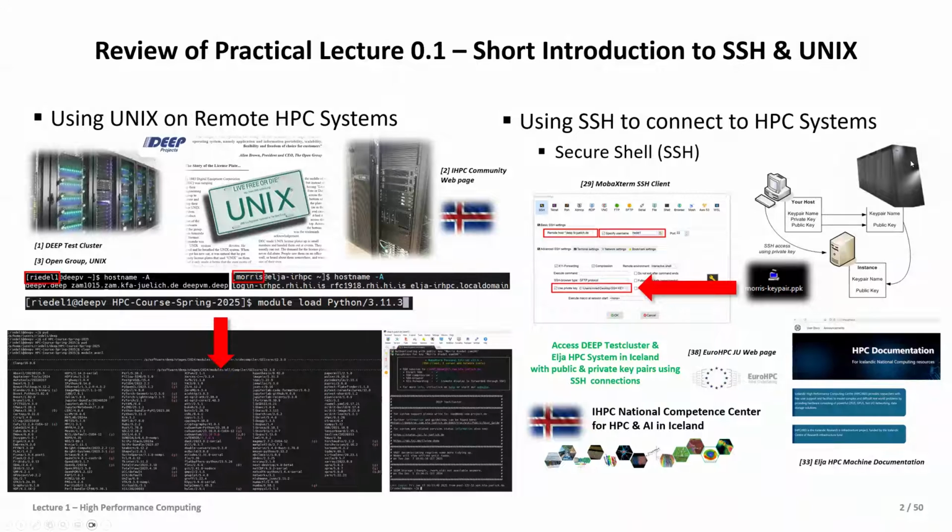If you remember, what we had the last time was Riedel1 here in the Jülich supercomputing centre in Germany on the DEEP test cluster, and Morris here in Iceland. And this is the first ingredient, an important element, for how to access such a system. However, the public-private key pair is now the key to really access it.